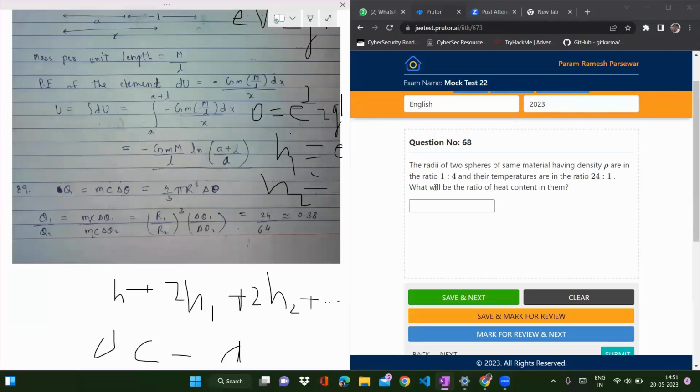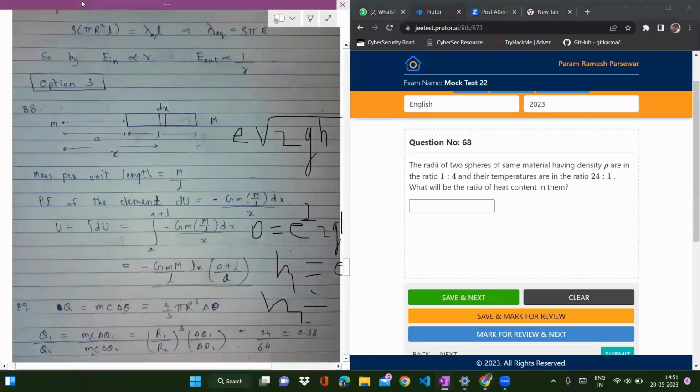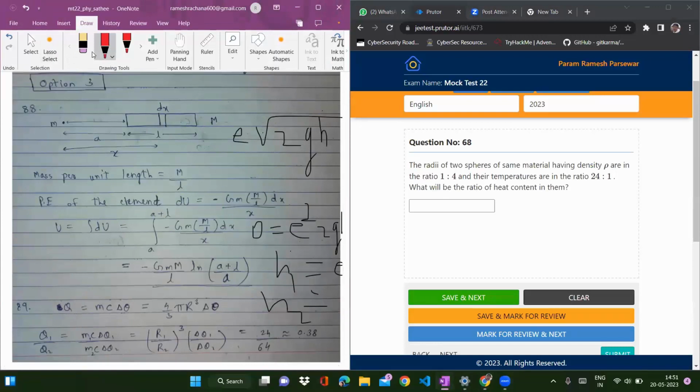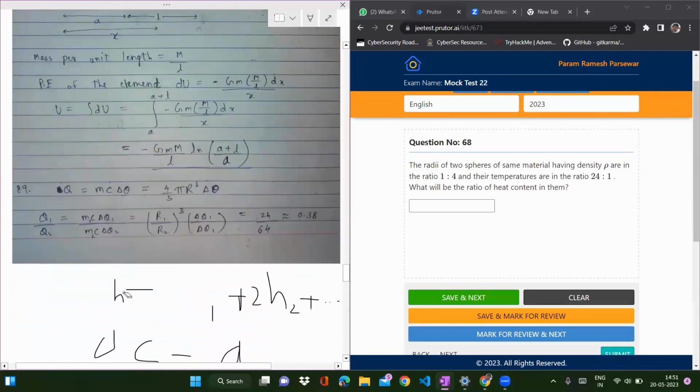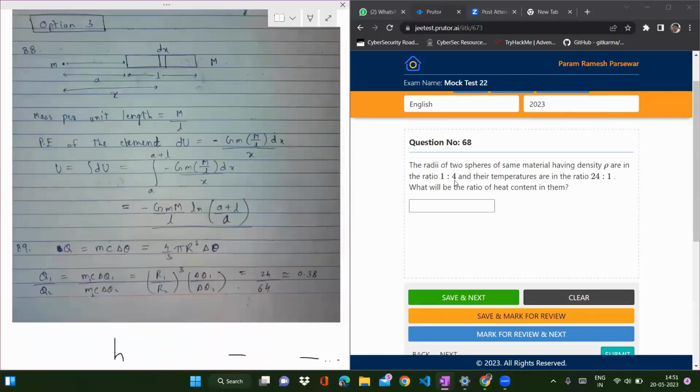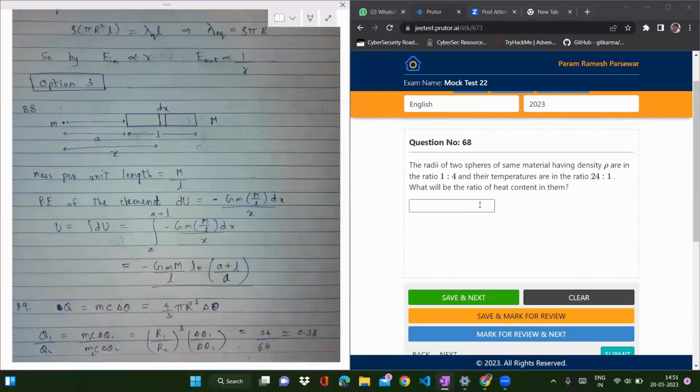Now this question is a little difficult to understand. Sometimes in questions this may happen, that the wording of the question is not clear, and we may have some difficulty understanding exactly what the question is asking. But by a little observation, we can check what it is actually asking, as we are given the ratio of temperatures and radii.